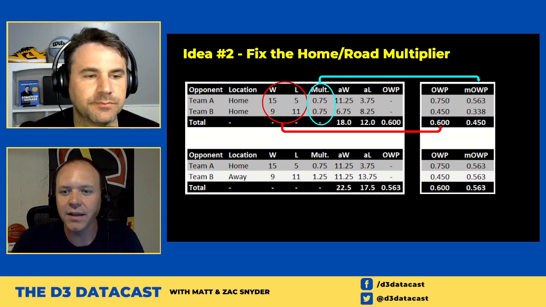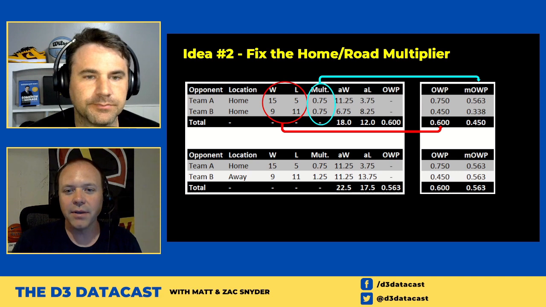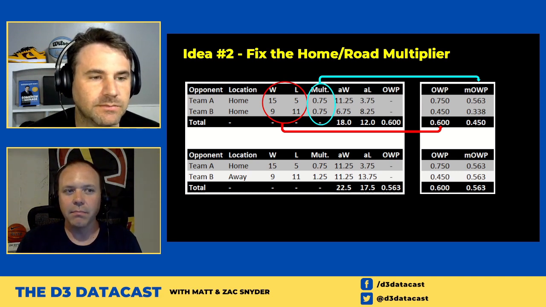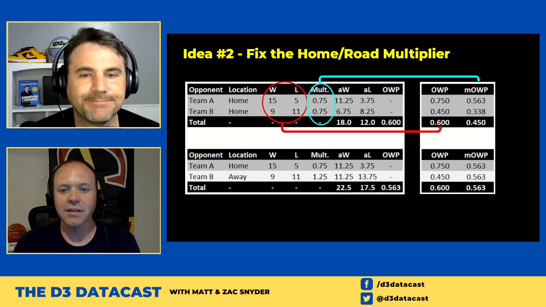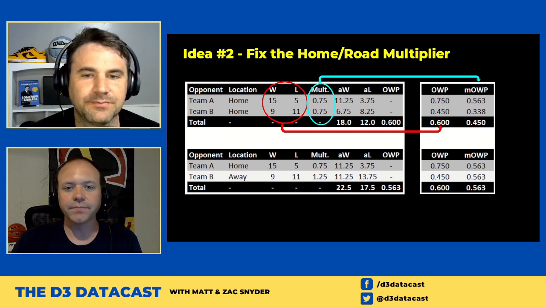So if we tone that down, for the 15 and 5 team, that modified OWP goes up. For the away team, it goes down. We see a little bit of a gap there that more represents how I would, at least intuitively, feel a home game against a 15 and 5 team feels versus having to play a 9 and 11 team on the road.